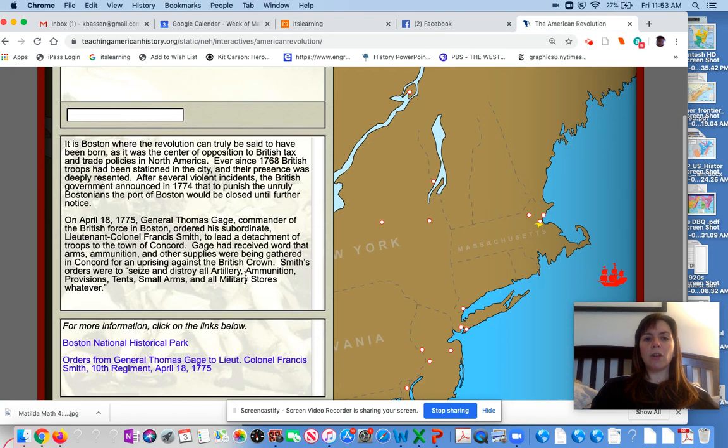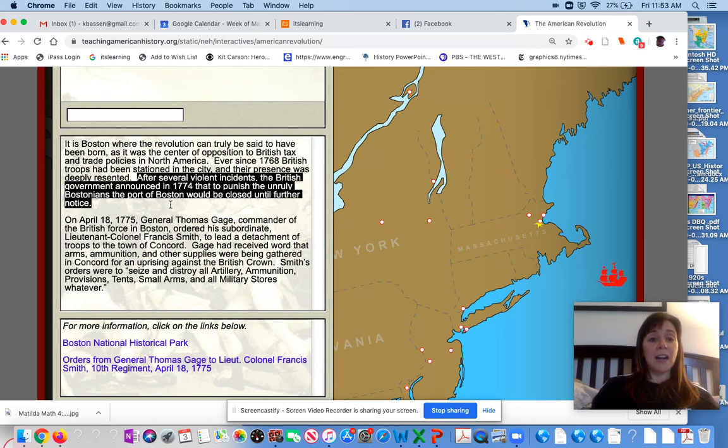In large part, that has to do with this right here. After several violent incidents, the British government announced in 1774 that they were going to punish Boston, the citizens there, for their unruly behavior.